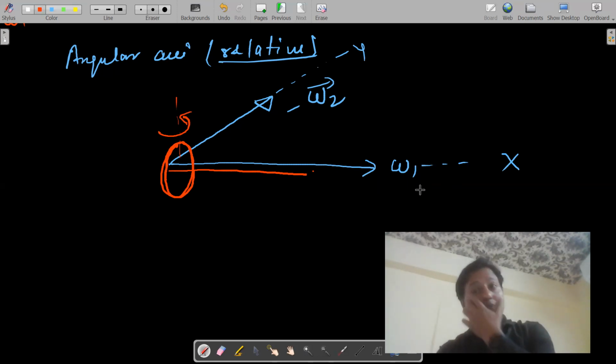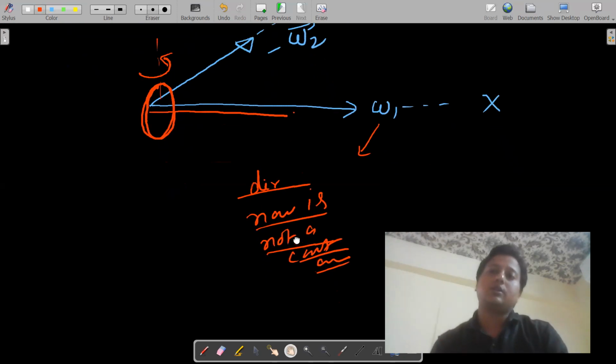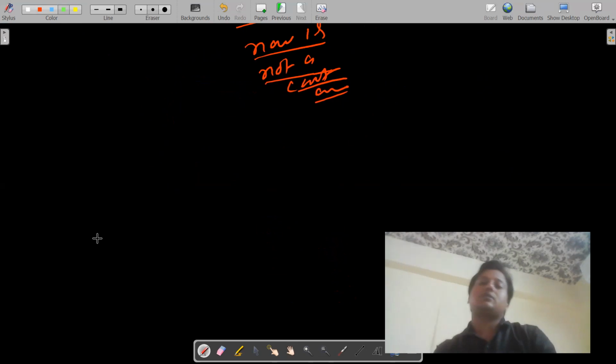So the omega 1 direction now is not a constant one. And we know a vector is dependent on the direction. So there may appear an acceleration.